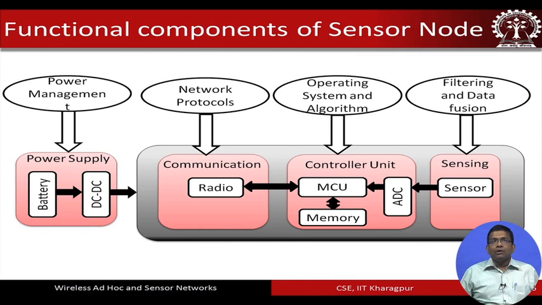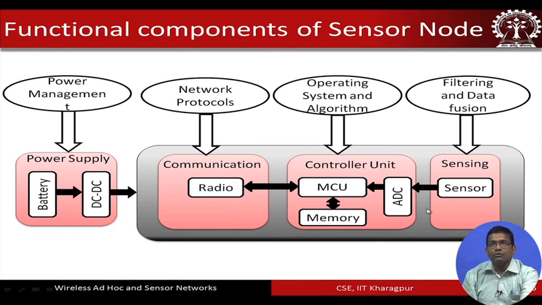Now, if we talk about a wireless sensor node, these are the different units. As we can see, first we have the power unit for power management. Then we have the communication unit, for communication purposes and support of different radio network protocols.